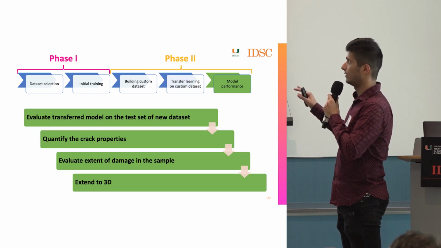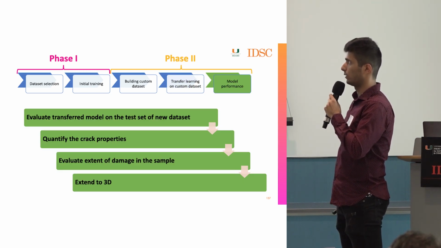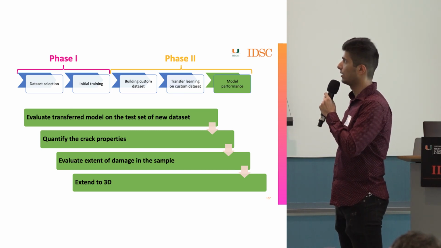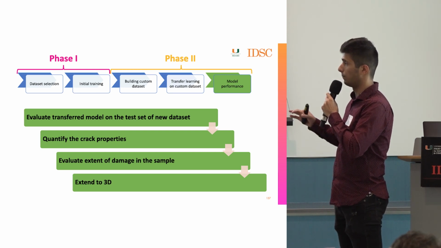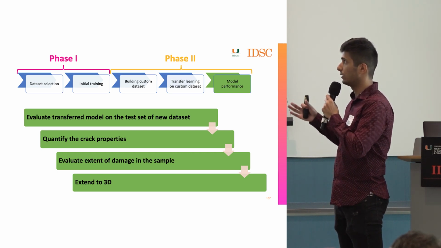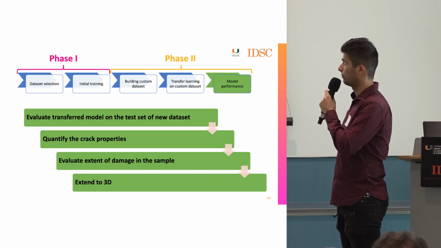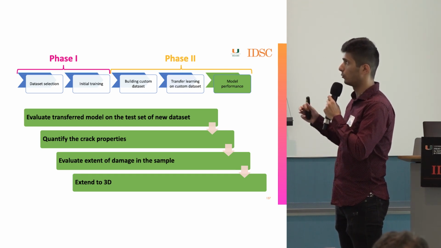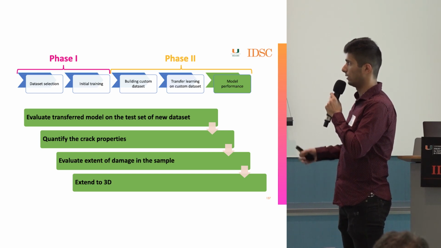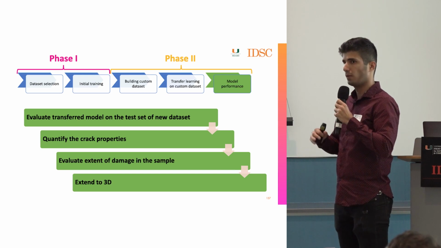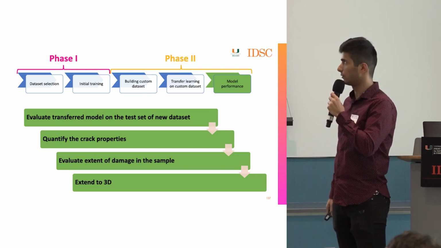And at the end of this project, what we want is to first be able to accurately identify the microcracks of our porous material. We want to be able to quantify those cracks and evaluate the extent of damage, but also get a map of the 3D volume of the crack.